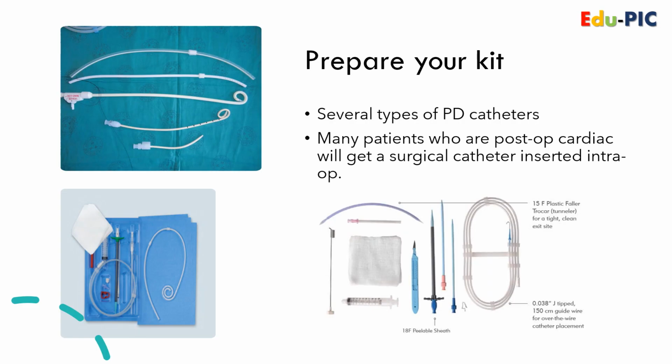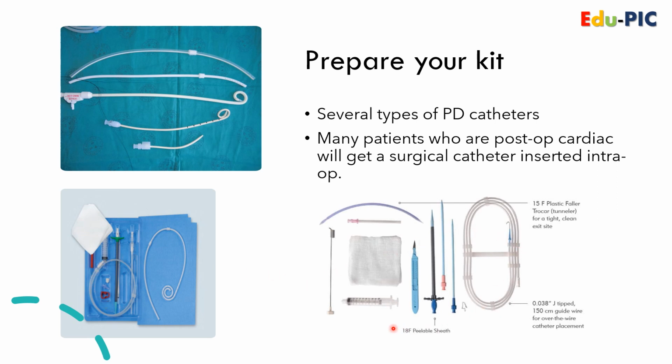The first thing you need to know is there are multiple types of PD catheters that have been developed over history. These catheters can be anything from rigid catheters to pigtails to just flexible cylinder catheters. Usually they come in kits. The kits will include the catheter, introducers, needles, syringes, and if you're using a cylinder technique, then you're going to be using wires.